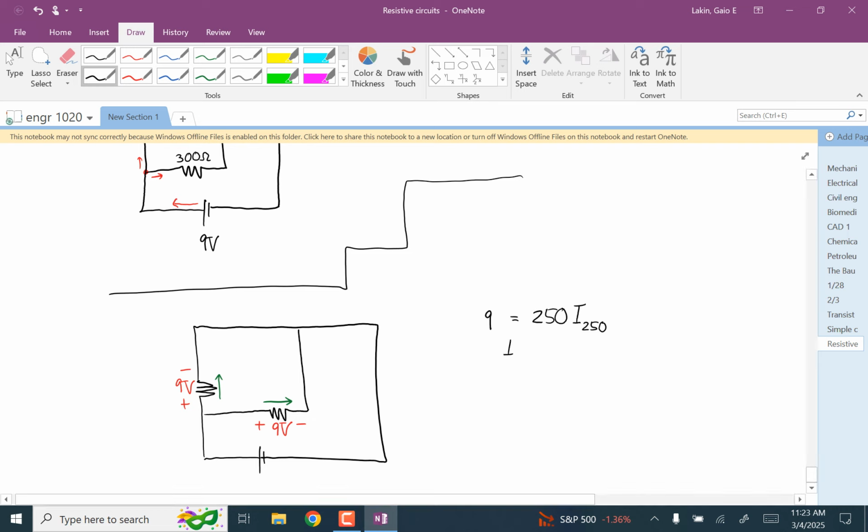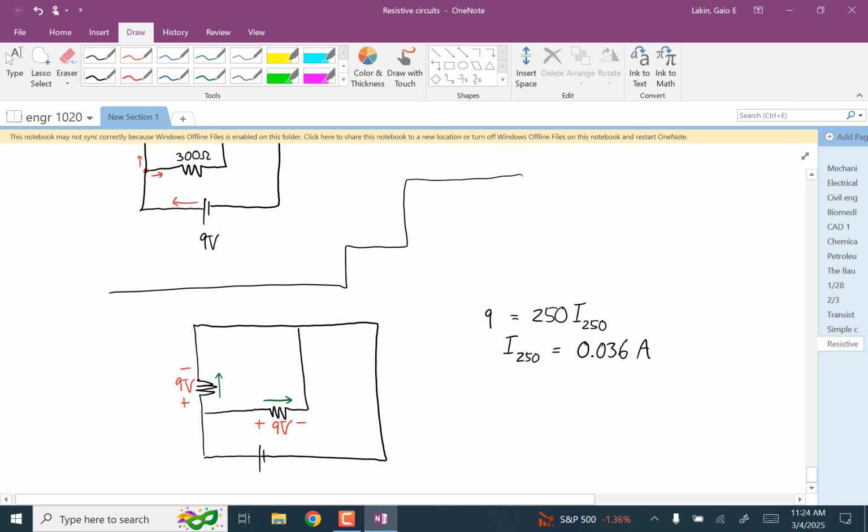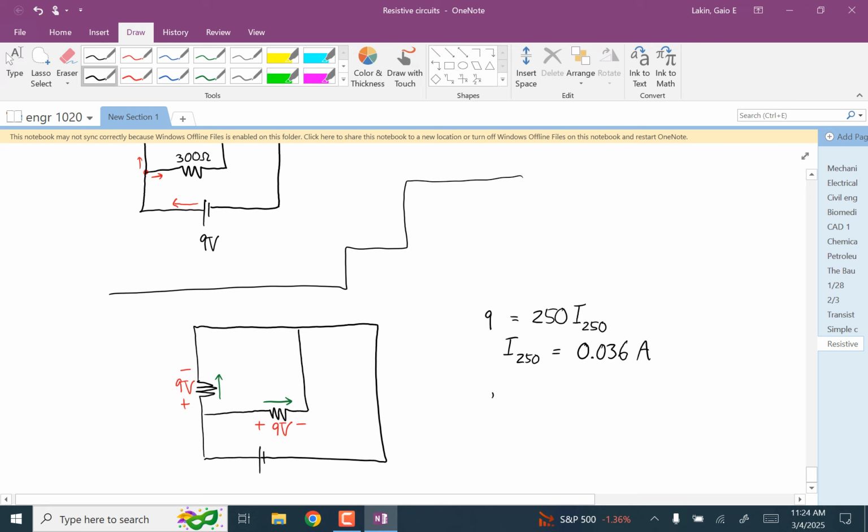And we get that the current through the 250 is 0.036 amps, 36 milliamps. And then the 300, so we have 9 volts is equal to 300 times the current through the 300.